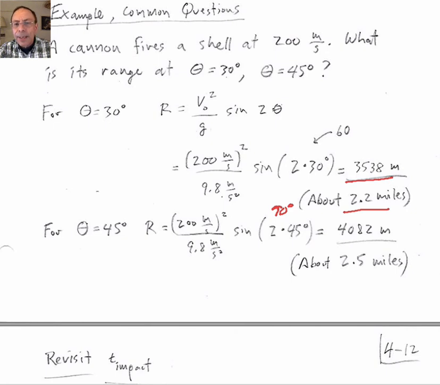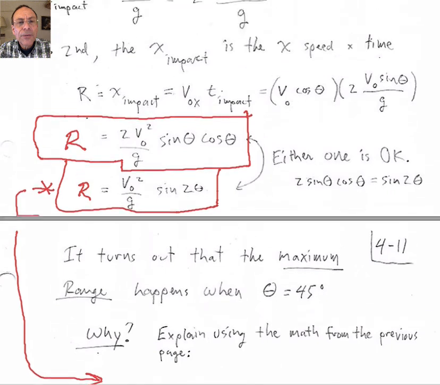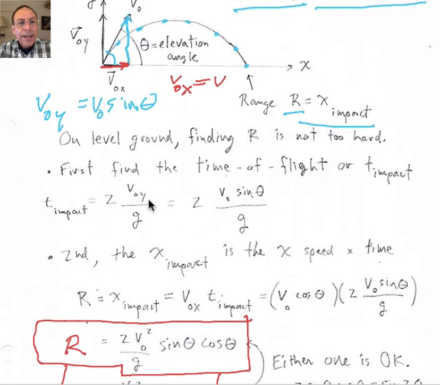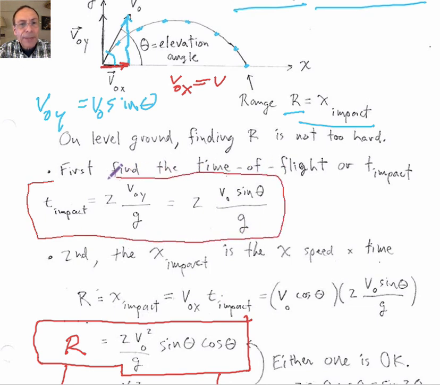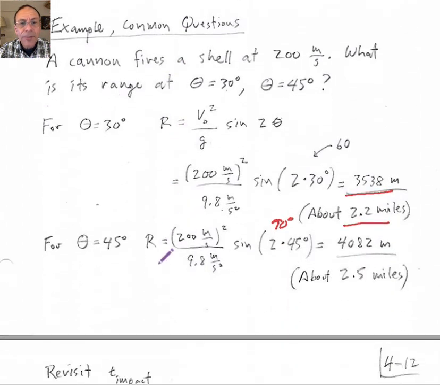At this point, I'd like to go back to part of the development of the algebra and talk about where this came from, the T impact calculation. So let's go down to that part of my notes.